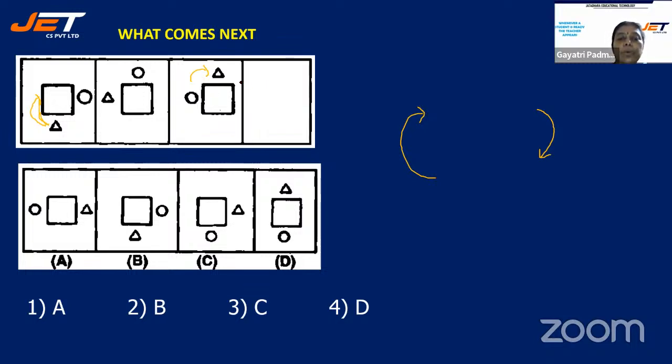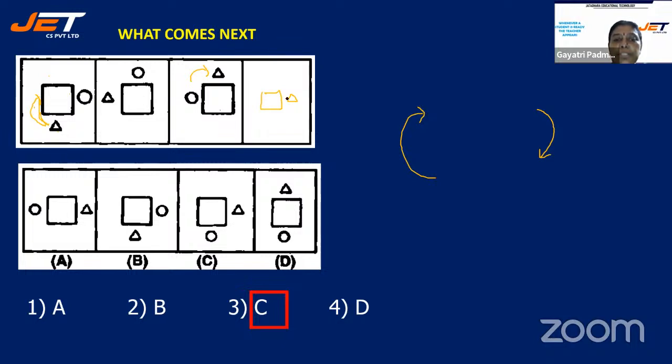So first it was down, then left, then up, then it should be towards the right, isn't it? So the triangle should be towards the right. And wherever the triangle is, if you see, then probably you will be able to do it. Being the first sum, let's do it for you.